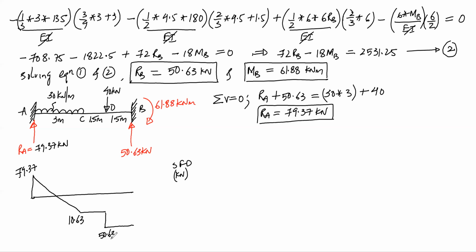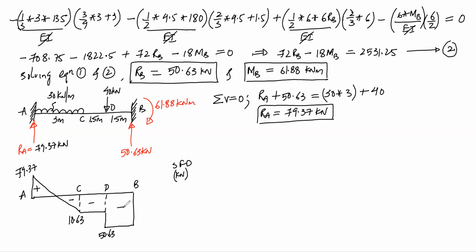So minus 50.63 plus 50.63 will give us 0. So this is point A, this is point C, this is point D, and this is point B. Above the reference is positive and below the reference will be negative. This is our shear force diagram.